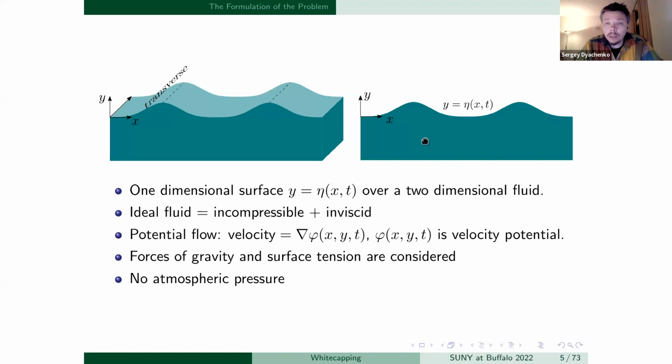About the fluid that's below this free surface, we will say that it's going to be ideal, meaning that it's incompressible and inviscid. Incompressible means that density is constant, or speed of sound is infinite in the fluid domain.